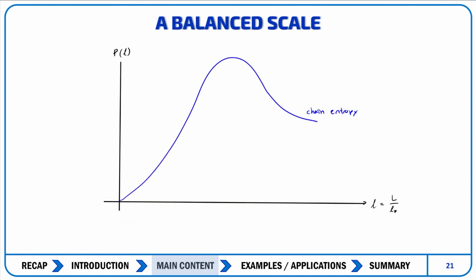So in this slide, I basically want to go through a balanced scale. A graph is presented here of chain entropy. The vertical axis refers to the probability of something taking place at a certain length, and the horizontal axis refers to that length on a ratio of total length divided by the persistent length.